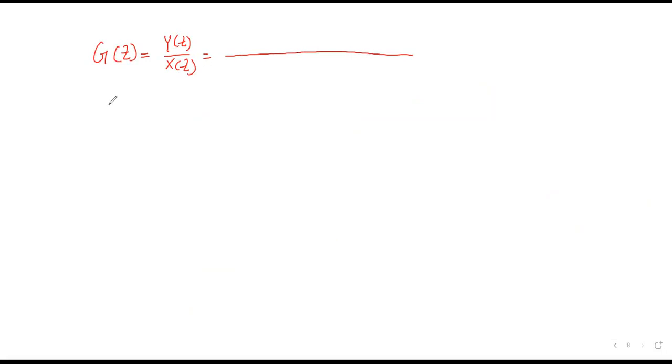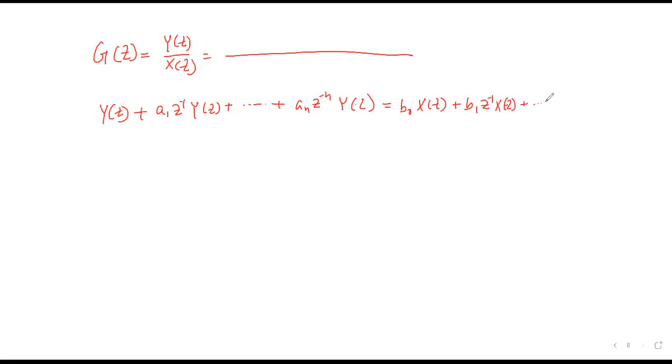So what you are going to get is Y(z) plus a1 z inverse Y(z) plus, it goes on up to an z to the power minus n Y(z). Just cross multiplying. And the other side, b0 X(z) plus b1 z inverse X(z) plus, goes on up to bm z to the power minus m X(z).